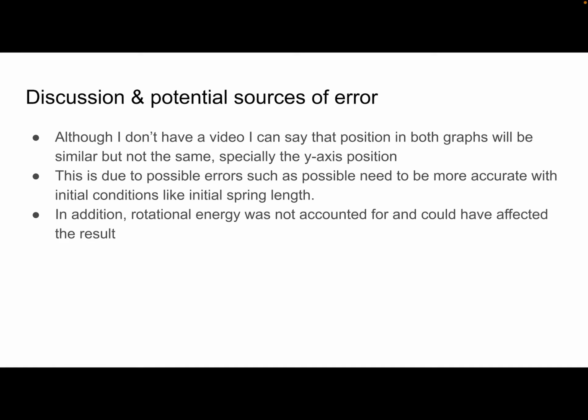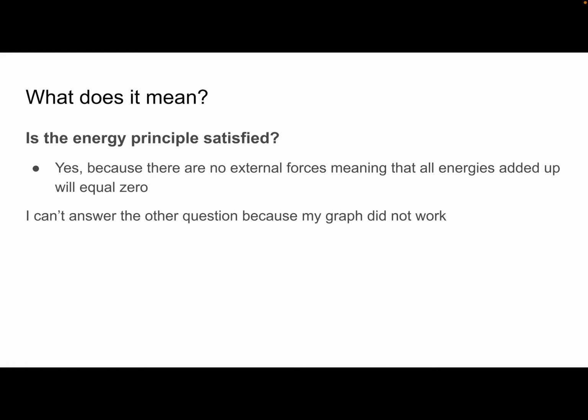And this is due to possible errors, such as the possible need to be more accurate with initial conditions that I used, such as the initial spring length. In addition, rotational energy was not accounted for, and that could have affected the results.